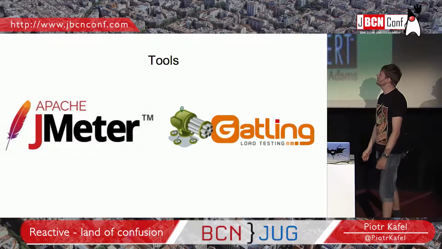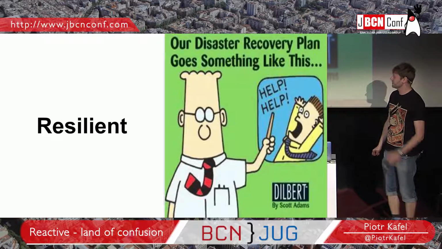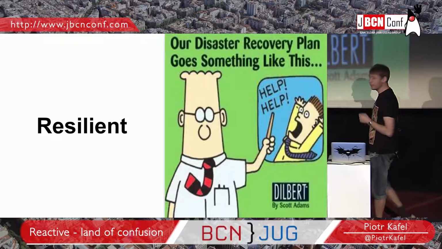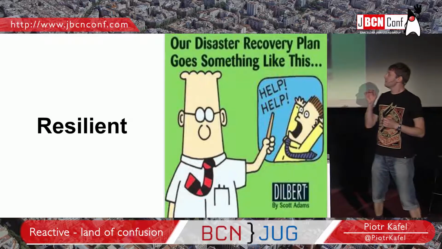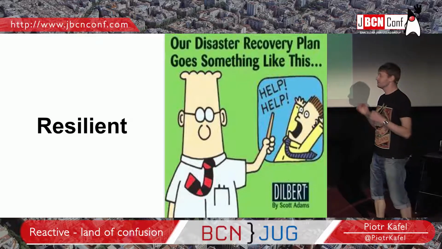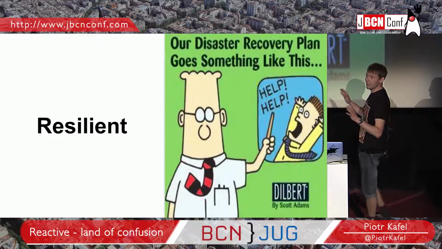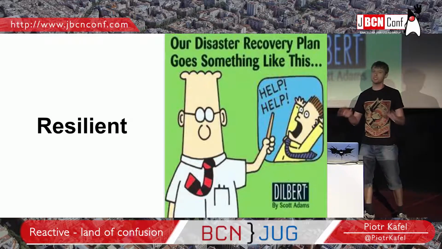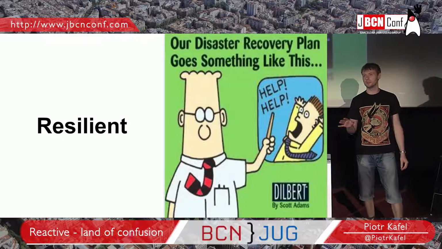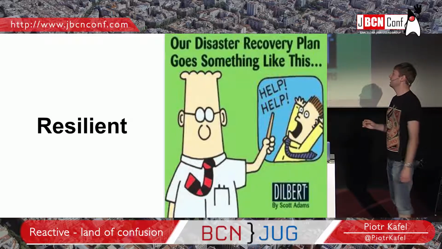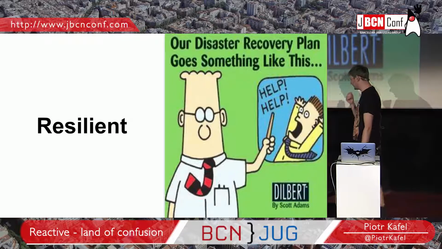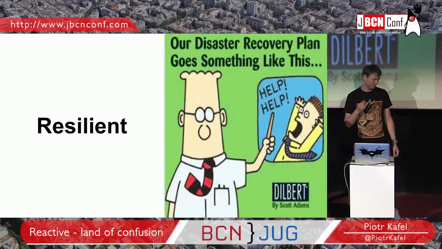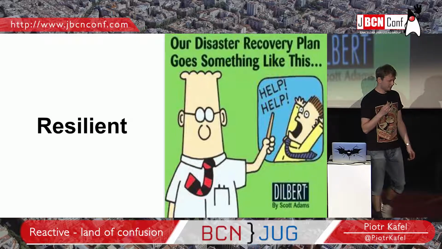So let's have a few words about resilience and what that means. Failures will happen. You can be as awesome as possible, you can use really cool technologies, but they will happen. Just an example, a small incident that happened a few weeks ago, a month ago, I don't know.